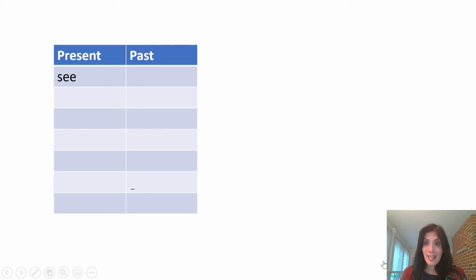Here are a few more examples of some irregular past tense verbs. The present tense see, meaning happening right now, looks like this. But if I want to talk about something in the past, I use the word saw. I see it now. I saw it a couple of minutes ago. Get changes to got. Run changes to ran. Make.